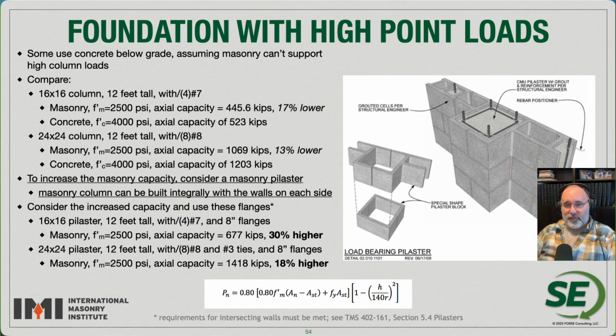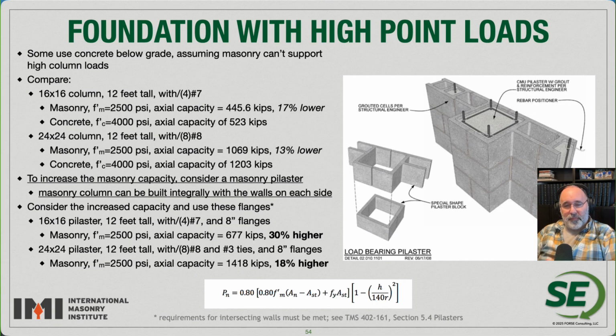So here, just kind of showing some different, like a 16 by 16 concrete column is going to have 523 kips of capacity. If you went with a 16 by 16 pilaster with, again, 8-inch flanges each direction, we actually have an increased capacity of 30% to 677 kips. And kind of the same strategy looked at for a 24 by 24 inch concrete column.